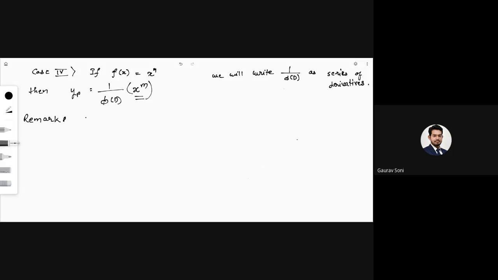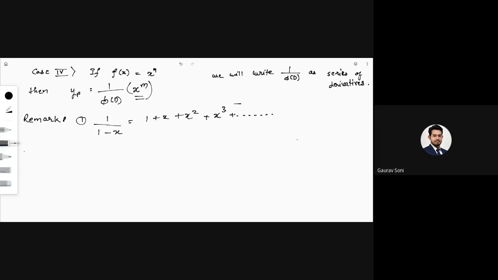Remark number 1 says that 1 upon 1 minus x is equal to 1 plus x plus x square plus x cube, and so on. It goes up to infinity.